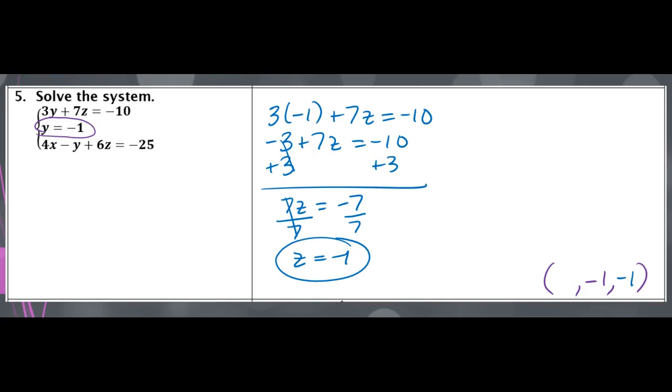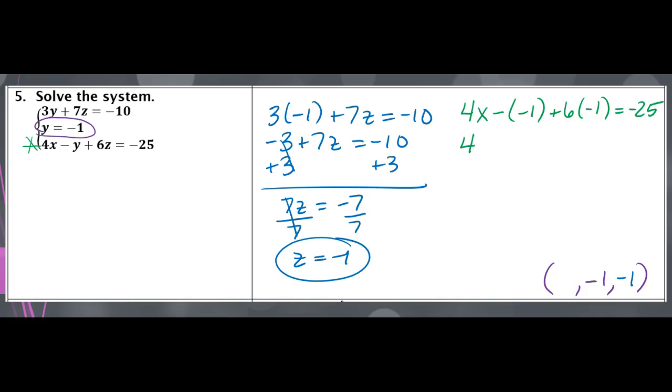And then last but not least, now I have two solutions. So I'm going to take those two answers and plug them into this bottom equation here, and I'll be able to solve for x. So I'm going to have 4x minus y, which I know is -1, plus 6z, which is also -1, and that equals -25. So now I just have to simplify.